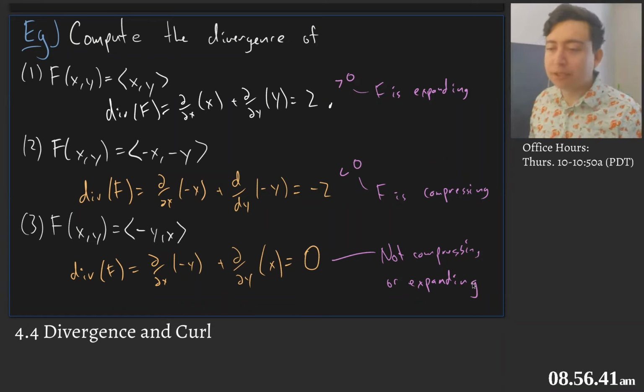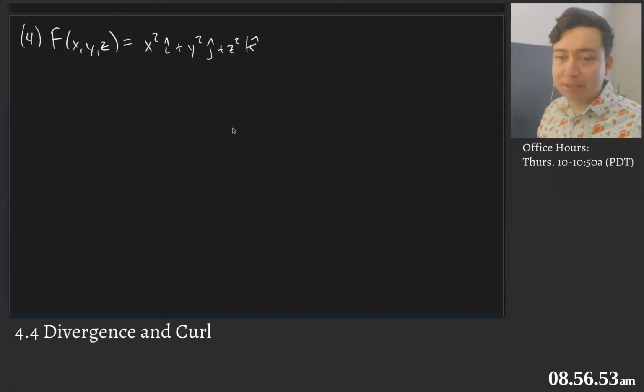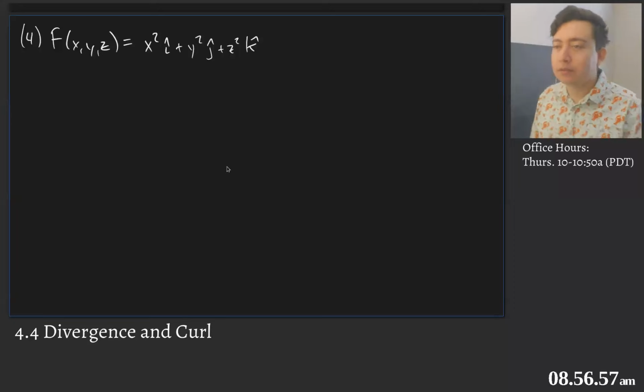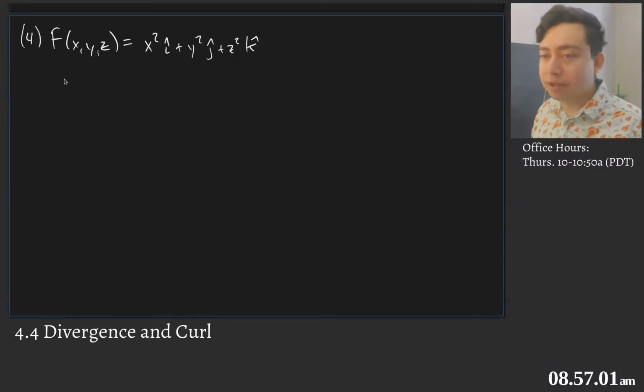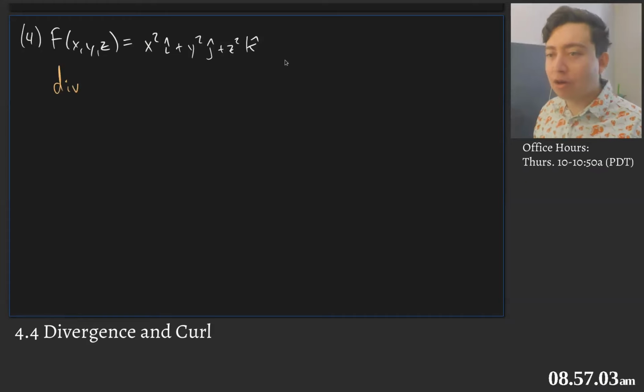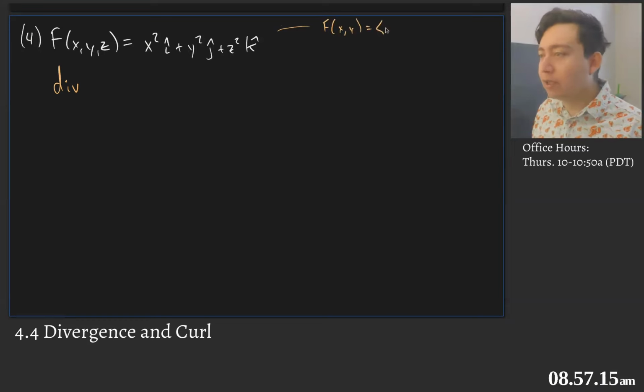So this one's in 3 dimensions, a little harder to draw. You have x squared plus y squared plus z squared. Okay. So if I compute this, the divergence of this one is harder to draw, but it might help if you look at a smaller example that's similar to this, looking at f(x, y) equals x squared, y squared. So this one is in 2 dimensions.